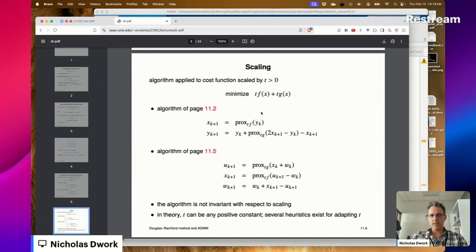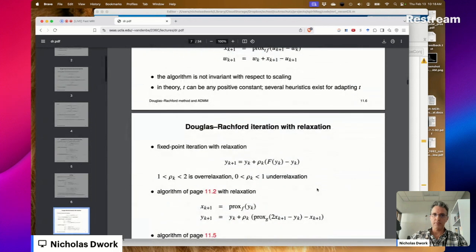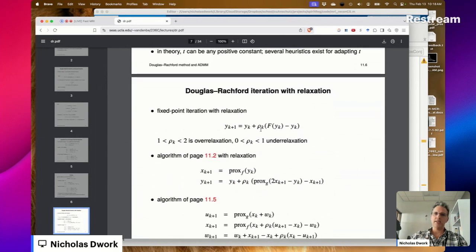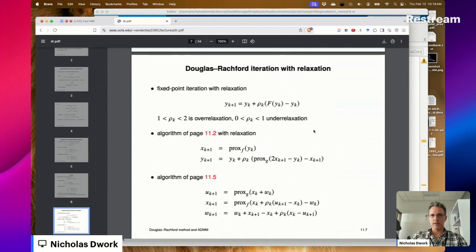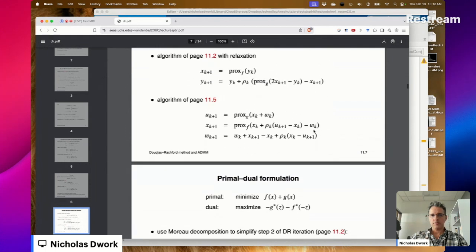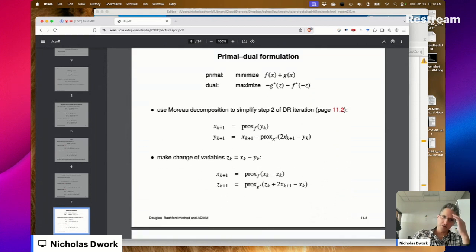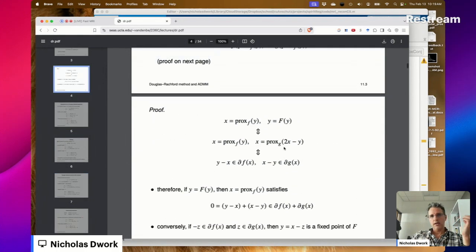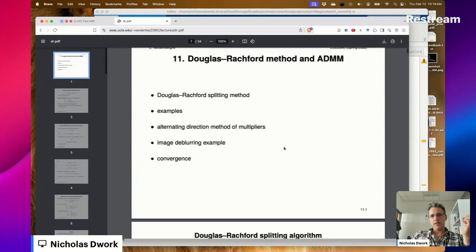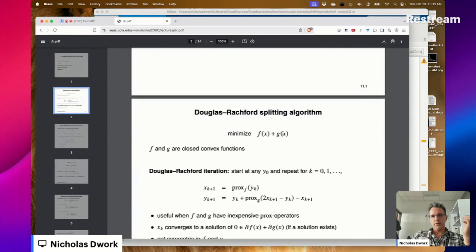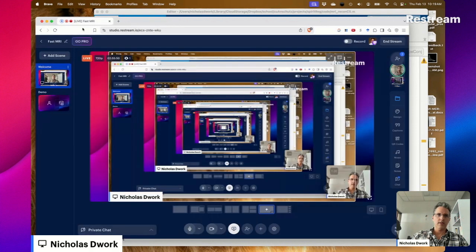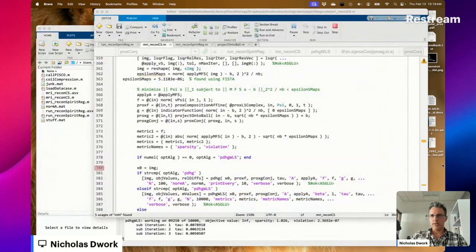And then there's this scaling. So I think you can do a line search over that parameter, though it may not be that one. Or with relaxation, you could do a line search over this parameter. But it's in the primal dual formulation, I believe. I'm not sure about that, but I think it is. In which case we do have prox conjugate. Either way, this doesn't work for us because we can't put a matrix in front of those in that X. So that sucks.